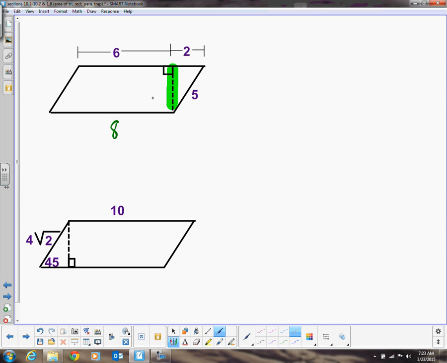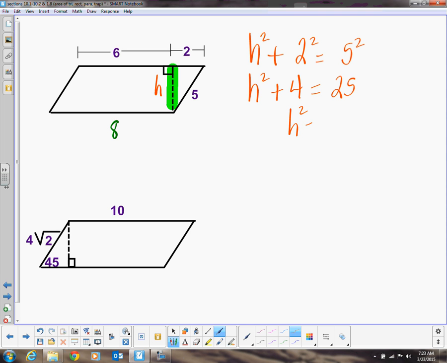Pythagorean theorem. So if we let that be h for height, I'm going to say h squared plus what is equal to? So you'll have h squared plus 4 equals, h squared equals, h is equal to plus minus square root of what?